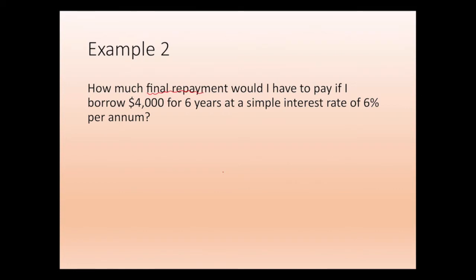Second example. This time you're asked to find the final repayment, which is A. What would I have to pay if I borrow $4,000 principal for 6 years, T, at an interest rate of 6% per annum? We know that A equals principal plus interest. Let's write out this information. P equals 4,000. R is 6% per annum. And T is 6 years.